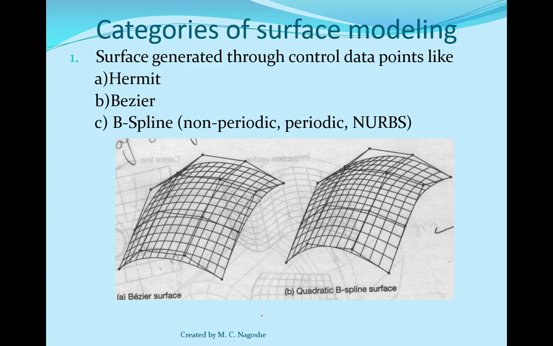Okay, so valid solid model. Now the next question is, looking at this figure, is it really a valid solid model? Look at this figure carefully and let me know whether it is really a valid solid model.